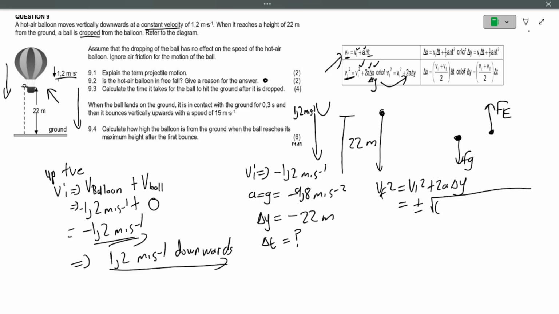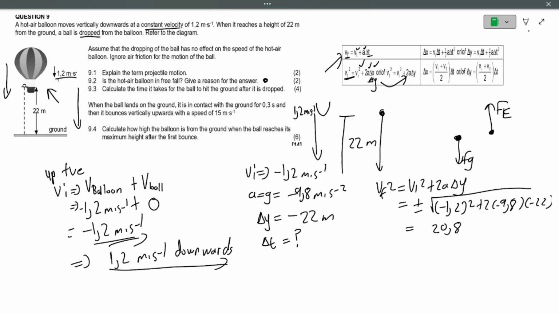When we substitute, we substitute the initial, which is negative 1.2 squared plus 2 times negative 9.8, and then what's our change in y? It's negative 22. And then we find our final velocity, which is going to be, and then we got it, which is 20.8.